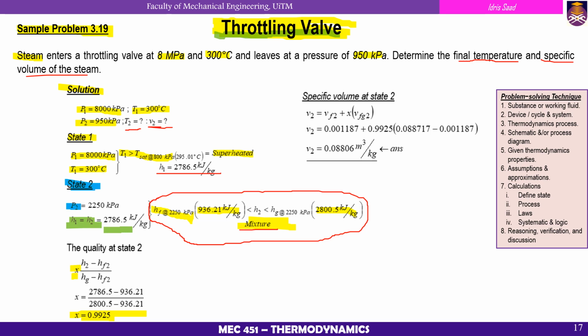Okay, then we can determine the specific volume. State number 2 is in the mixture region.